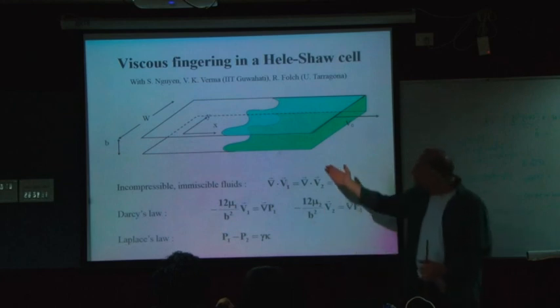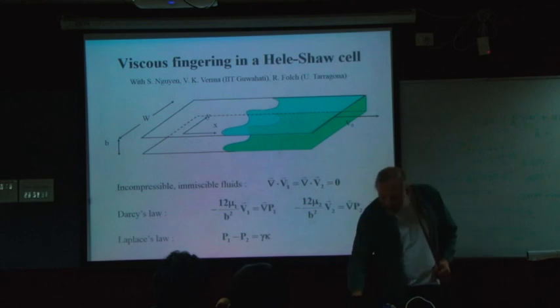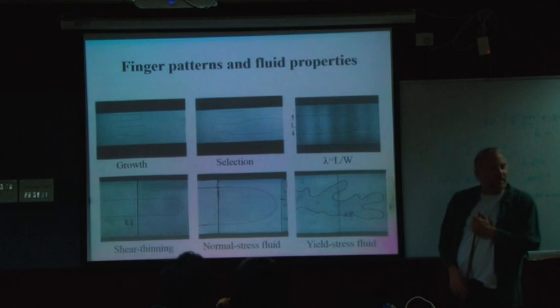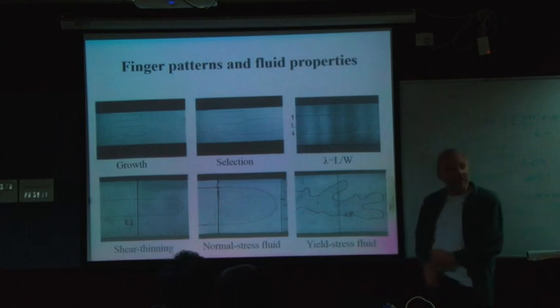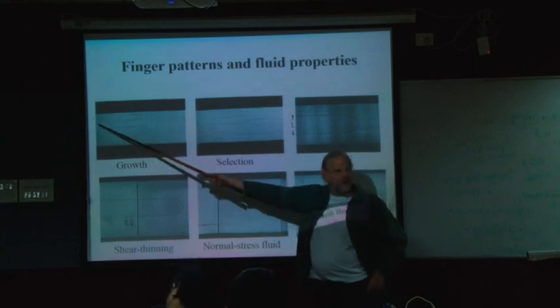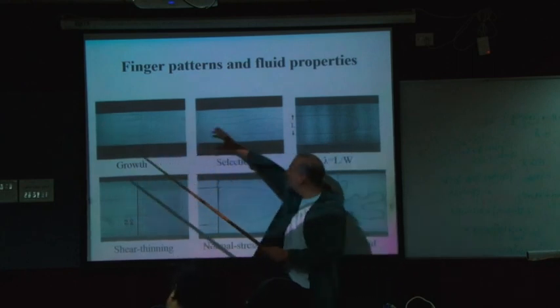Okay, so if you do this viscous fingering experiment, what happens? Well, if you do this in what is called Newtonian fluids, that is fluids that have a constant viscosity, so typically, if you put oil here and you blow in air from the left, this is a very long channel.